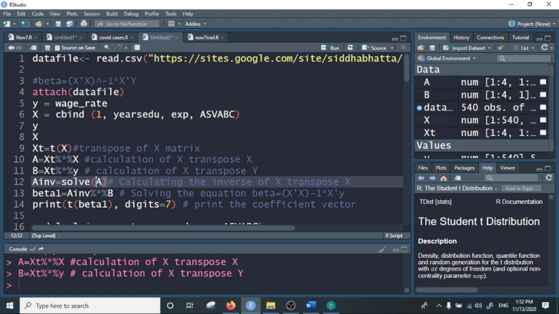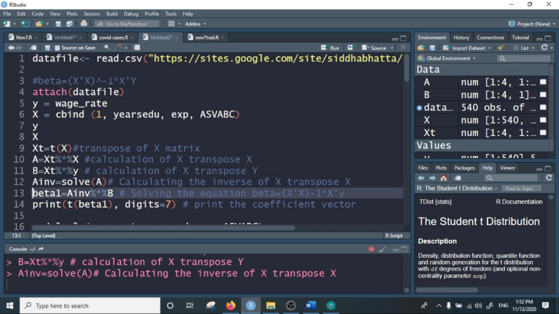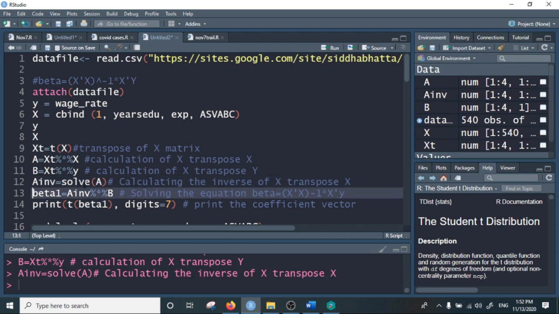So solve A finds the inverse of A. We run this command. This now saves the inverse matrix of A in A inverse.